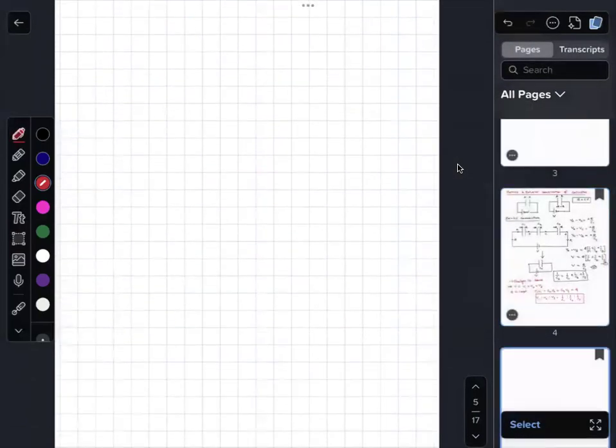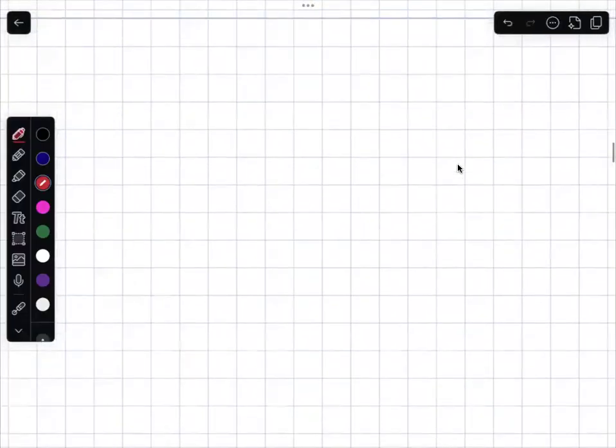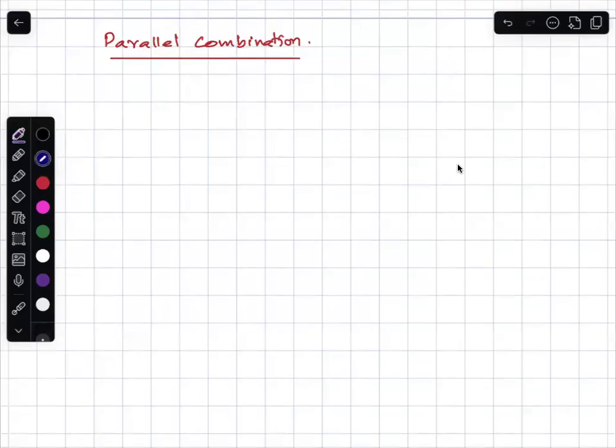Parallel combination. Not necessarily every time you take a circuit will you have strictly series and strictly parallel. You will have different combinations. What I am teaching you now is fundamental. So what happens in a parallel combination?